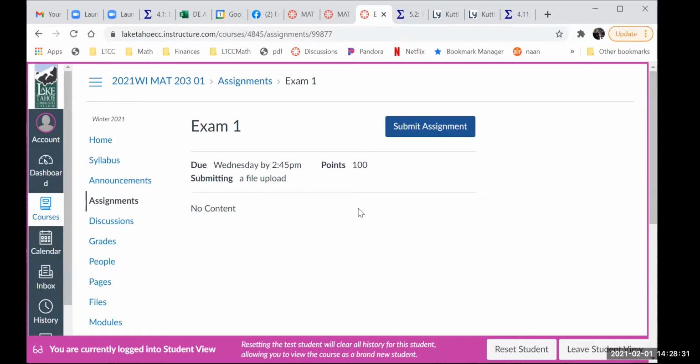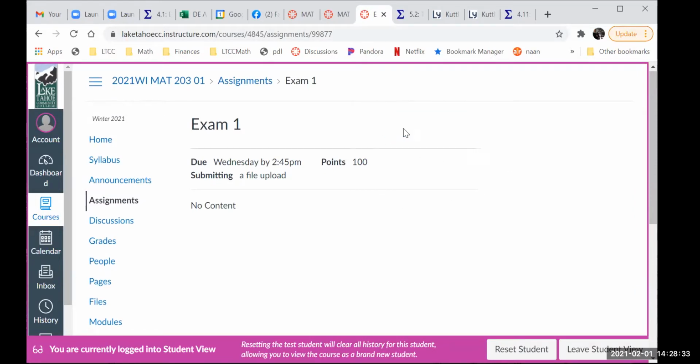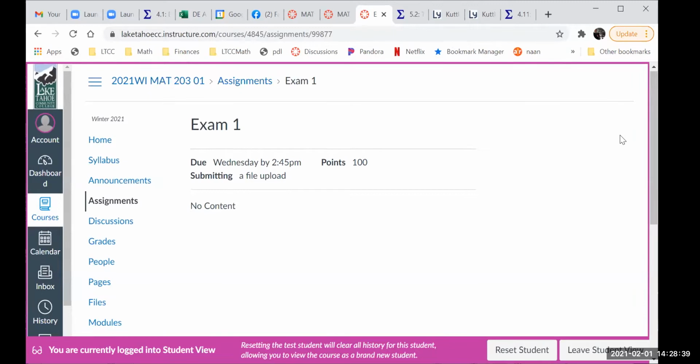You just have to press submit, and then the upload option will pop up. Okay, I think what's happening is either Zoom is in the way and I can't see it, that's possible, or because I'm not the student, it's not giving me anything. It's hard for me to see what you guys are going to be looking at, but it should show that. And then you're going to upload just like you're used to doing in the homework, and then it should work. Any questions on that idea?